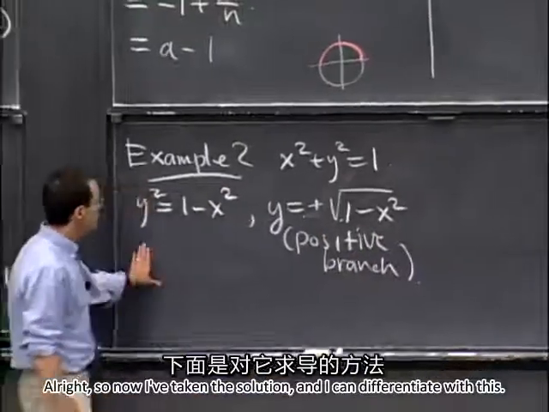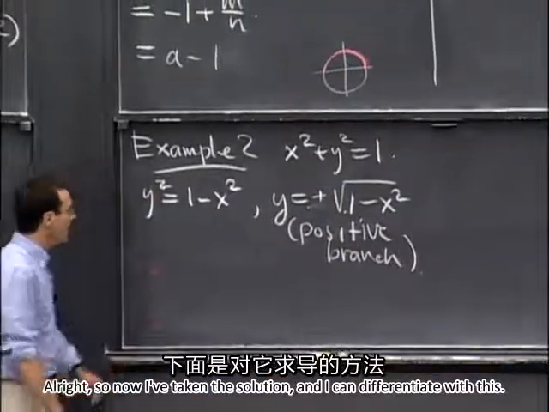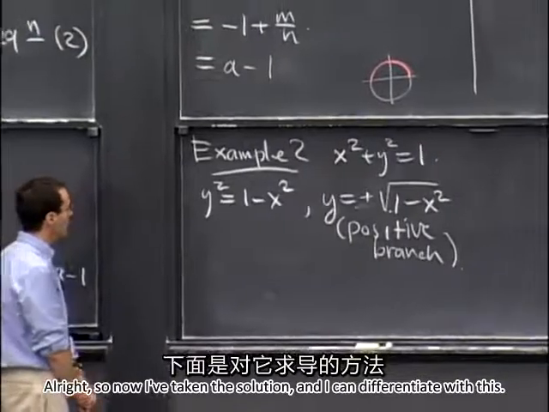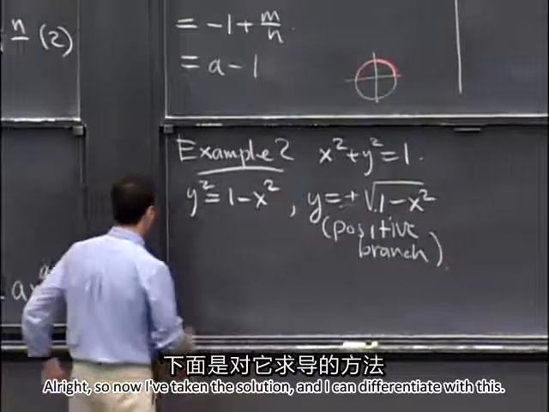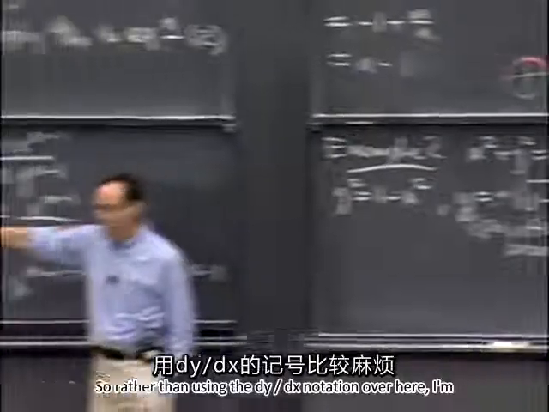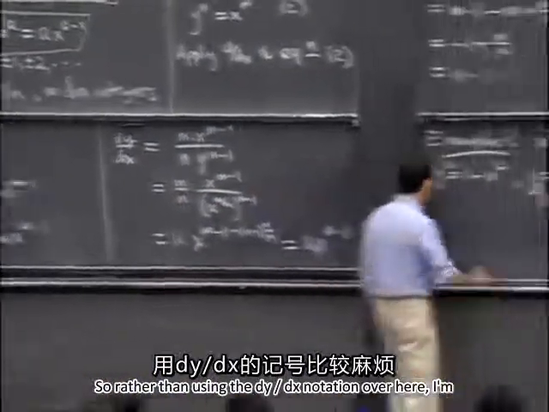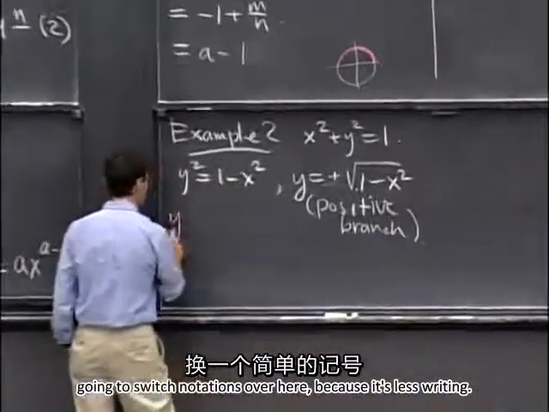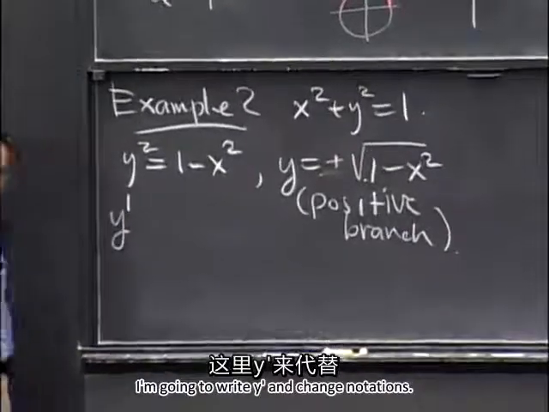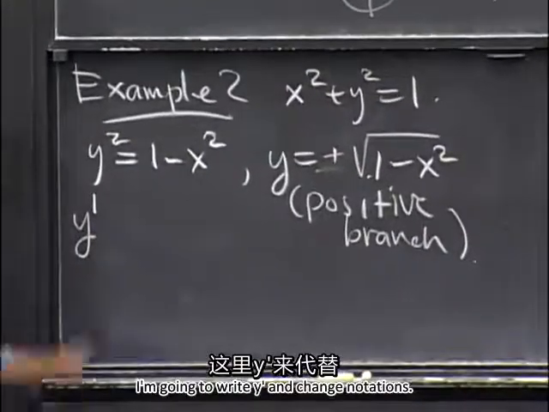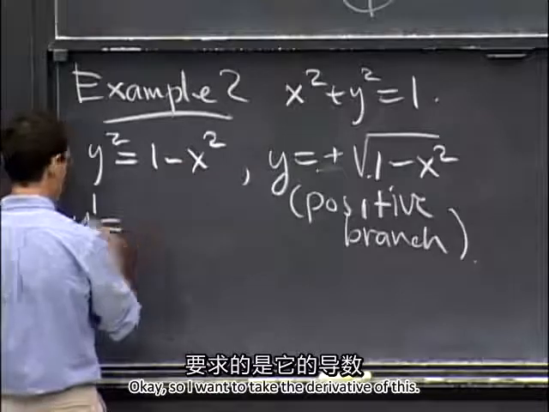All right, so now I've taken the solution and I can differentiate this. So rather than using this dy by dx notation over here, I'm going to switch notations because it's less writing, and I'm going to write y prime. Okay, so I want to take the derivative of this.